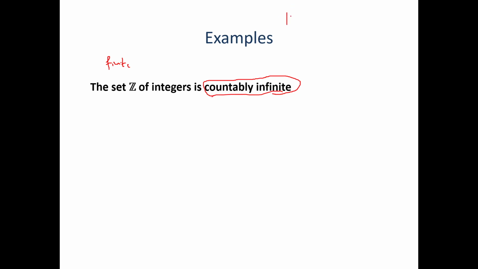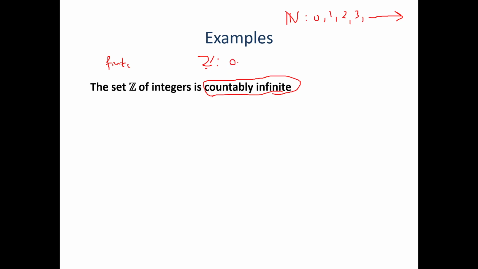Because remember, we're going to try to relate it with the set N, and the set N is just like you're listing 0, 1, 2, 3. It's like you're listing a whole bunch of numbers on one line. Can we do the same for Z? Well, yeah, we can, because that's what we're trying to prove, but we want to see the right way to list it.